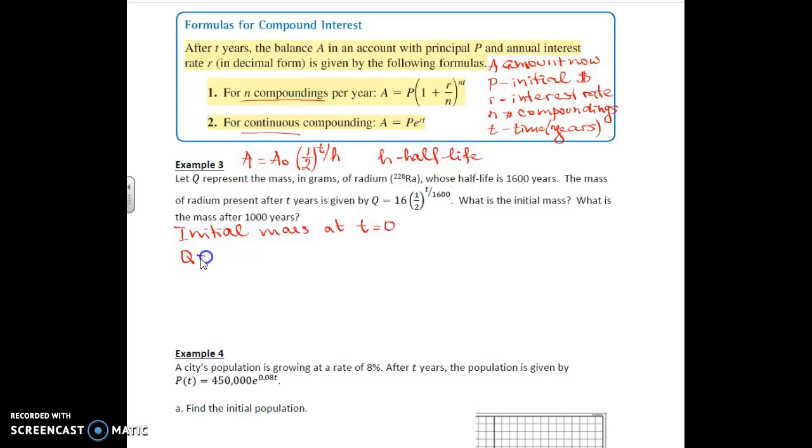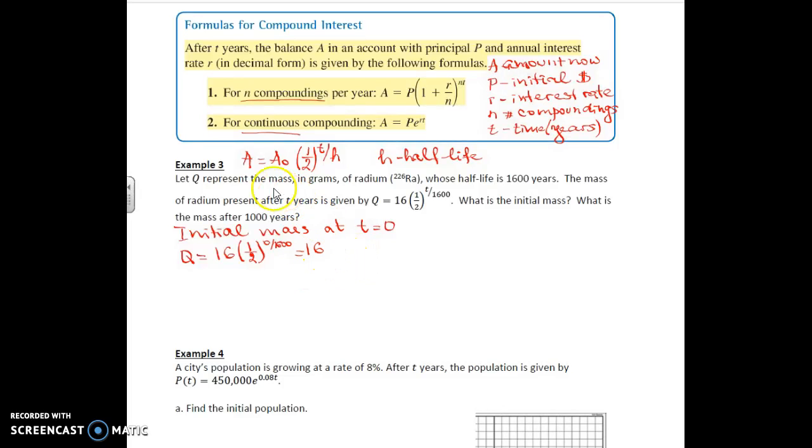So we have Q is equal to 16 times 1/2 to the 0 over 1600. Well, 0 divided by 1600 is still 0, and anything to the 0 power gives you 1. So we're back to 16.